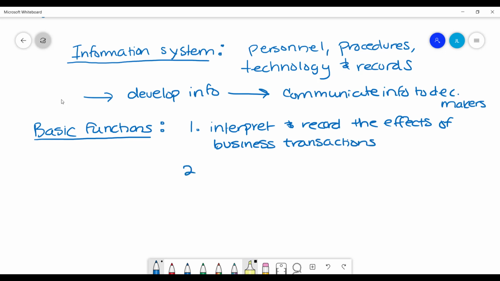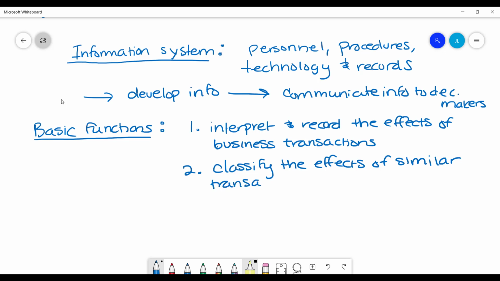Second is to classify the effects of similar transactions to compute totals to be used in reports.